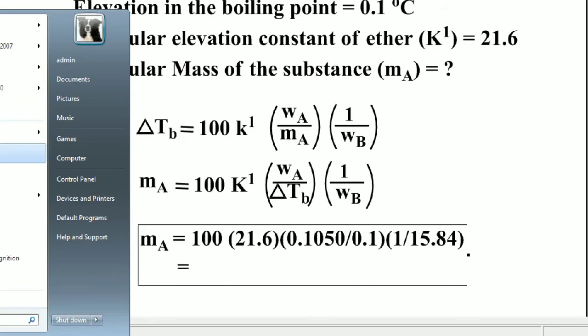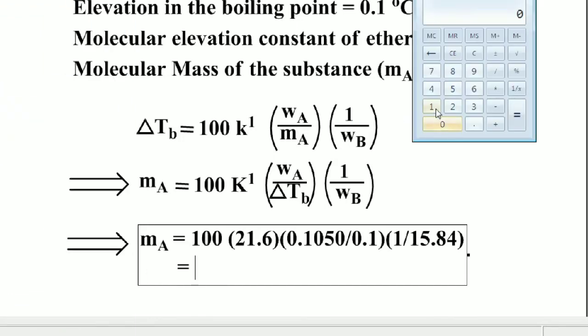MA is equals to 1000 into 21.6, that equals 21600 into 0.1050.